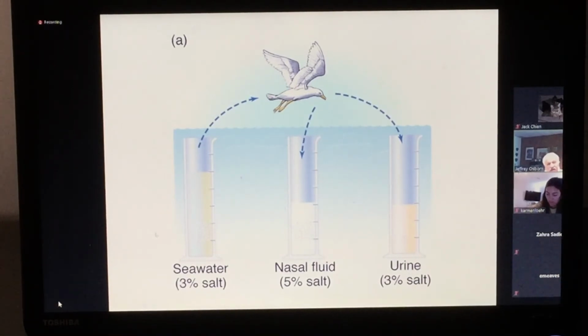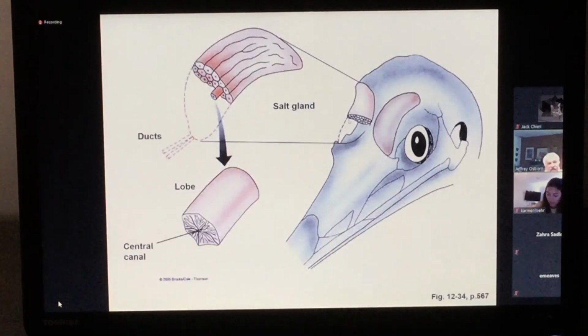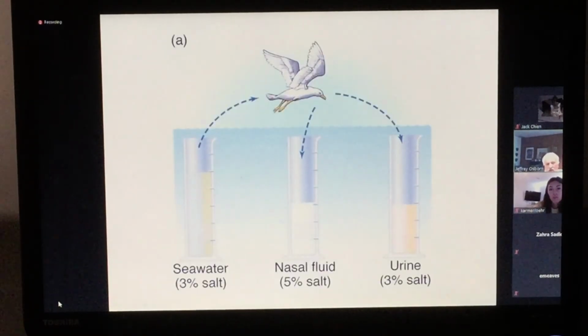But that still keeps excess salt inside their bodies. And so they have salt glands in their nasal region that concentrate that sodium chloride in centralized canals, and they spit out little crystals of sodium chloride onto their beak so that they can maintain their internal milieu constant and get rid of the salt that they drink.